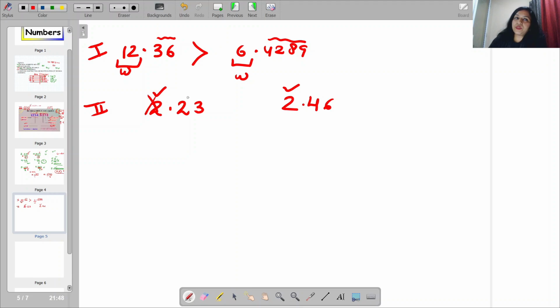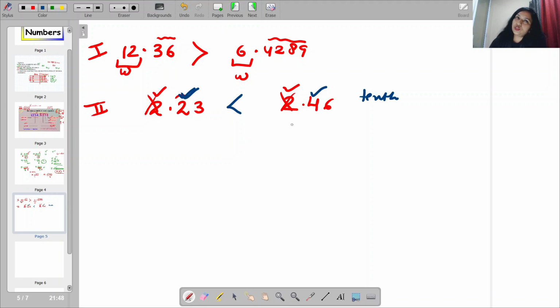If this happens when the whole number part is same and you cannot compare at that level, move to the first digit to the right of decimal. इस digit का place value क्या होता है? We have discussed in the beginning. That means the 10th position. Move to the first digit to the right. It is 2 here, it is 4 here. Undoubtedly, 4 is greater than 2. Comparison is done. This number is greater.